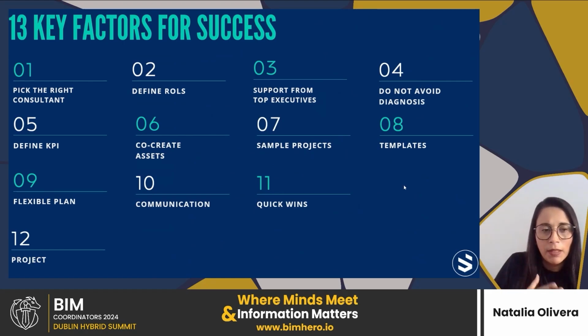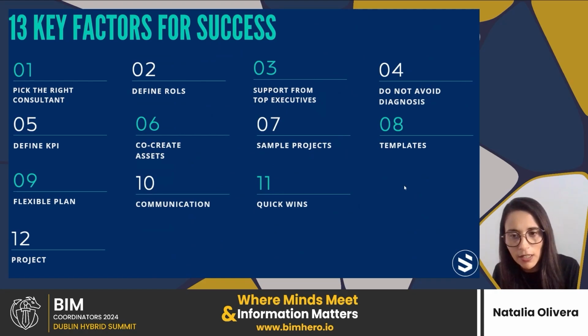Also, we have to treat and consider this implementation as a project of equal or greater importance than the others that exist in the organization.